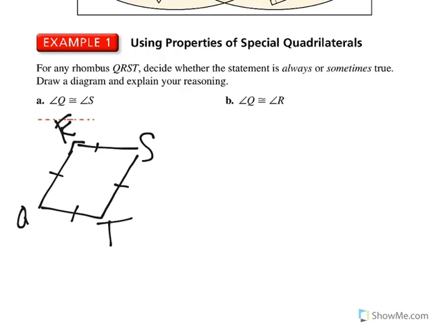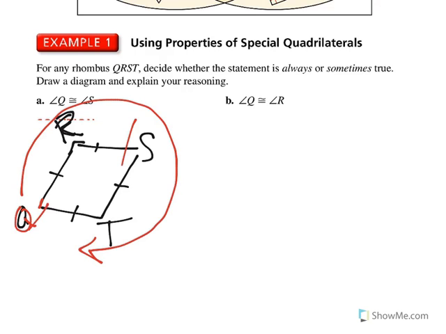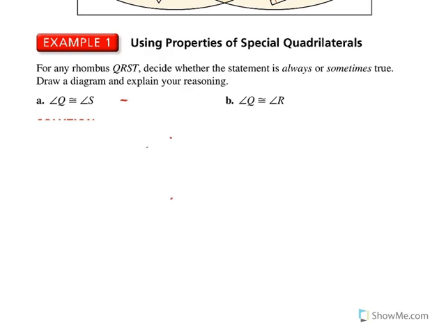And one thing that you need to remember is when you're naming something, if you start at one corner, you have to go around. You can't just jump around and say this is Q and that's R. It doesn't work that way. So make sure you're labeling around your shape.